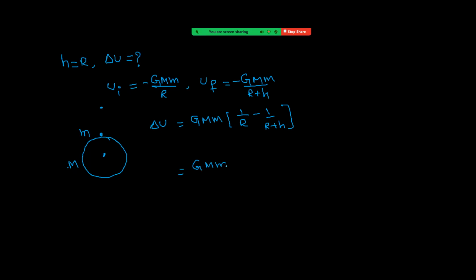G M m, r plus h minus r, it is h, by r into r plus h. Right. Now what I am doing here, multiplying and dividing with r. Okay. Then r into r square.